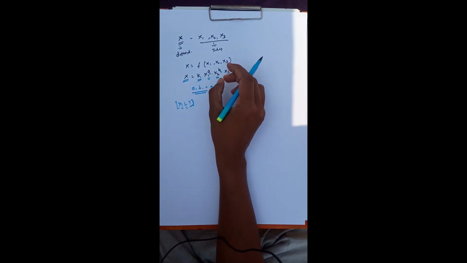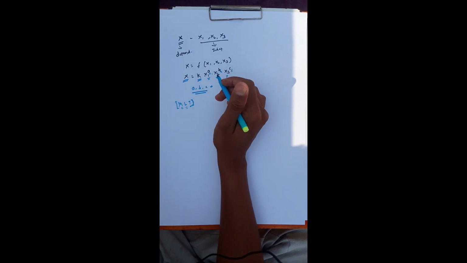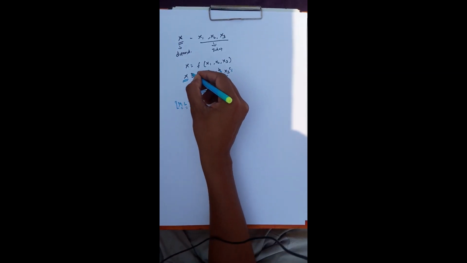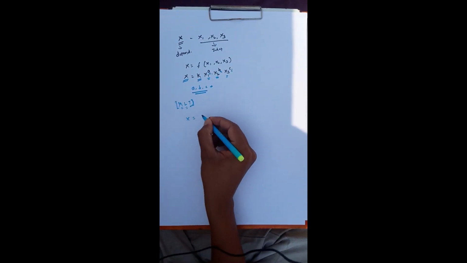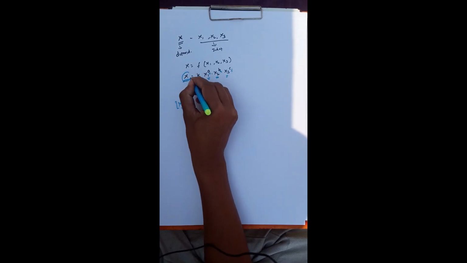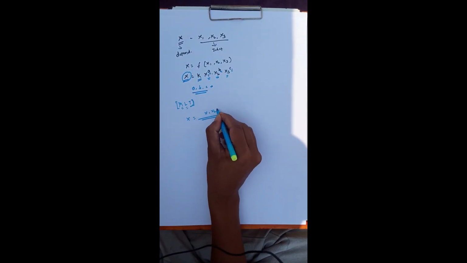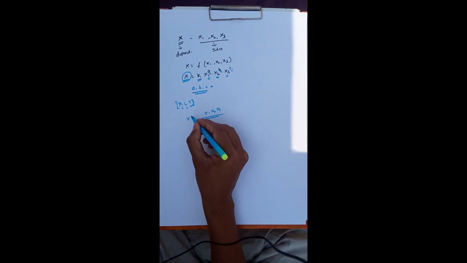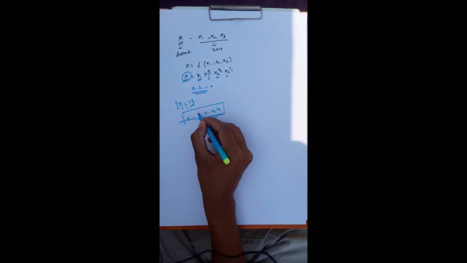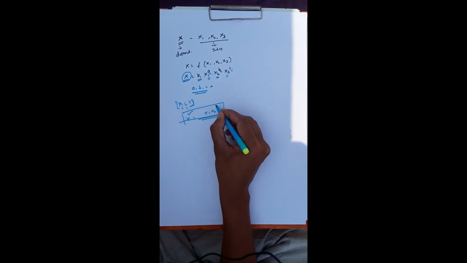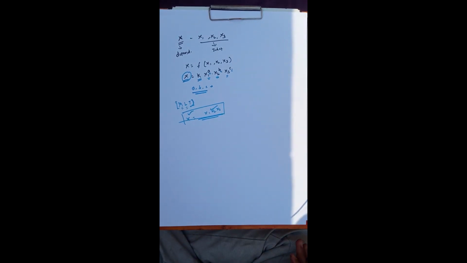After putting the values of a, b, c, we'll get the correlation between the dependent variable and independent variables, that means x equals something in terms of x1, x2, x3. So we get the correlation by using Rayleigh's method.